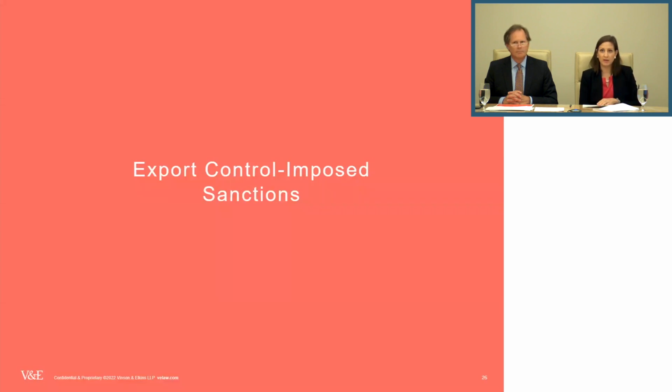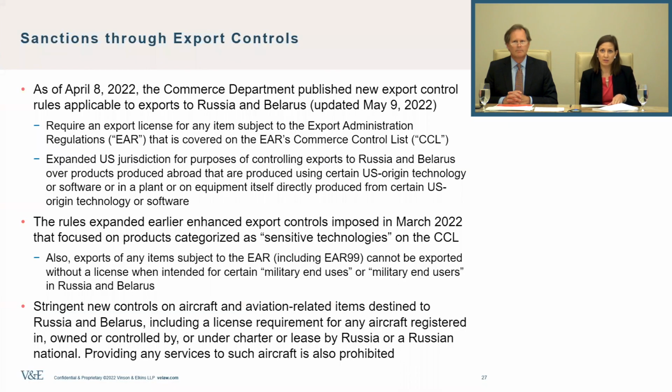So next slide. The sanctions that have been administered through the export controls program are administered primarily by the Department of Commerce, which is the regulator for commercial and dual use items, including commodities, materials, software, and technology. And Commerce has been coming out with a number of escalating restrictions in the export space, just as OFAC has in the traditional sanction space.